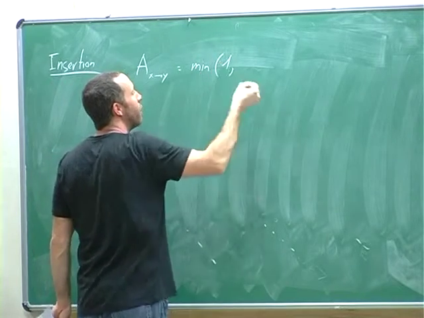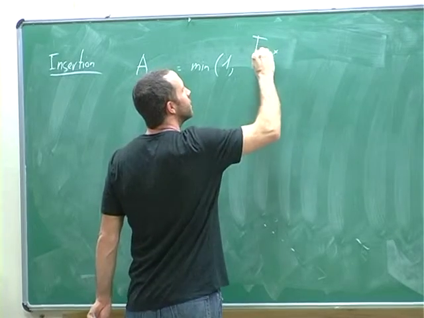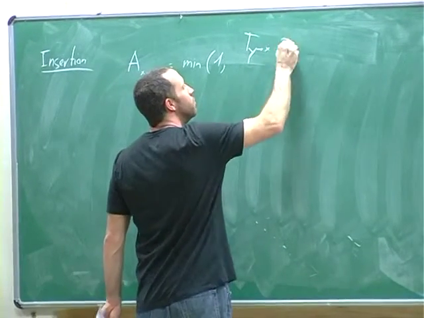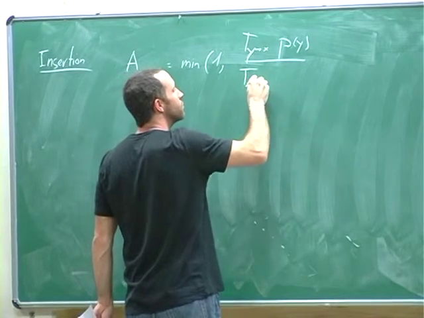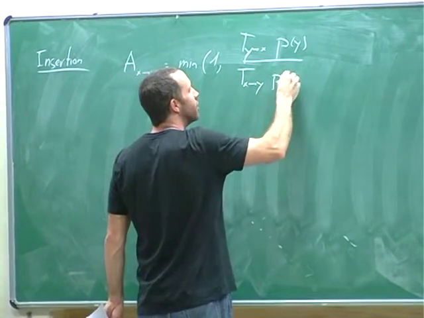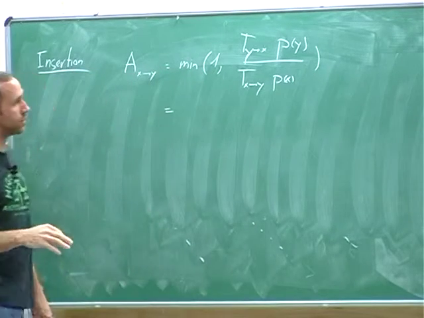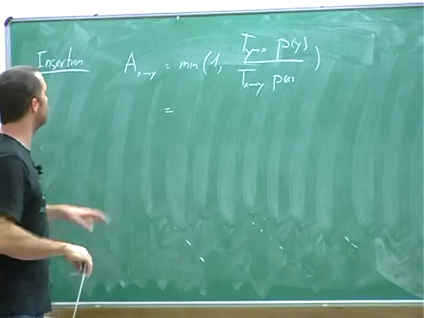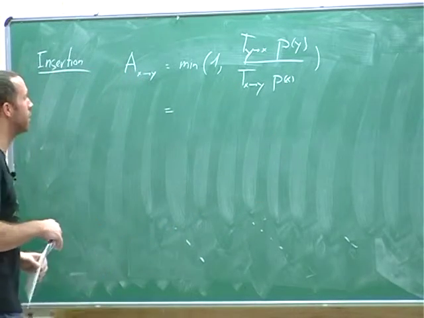This is the minimum of 1 and p of y times t of y goes to x, divided by p of x times t of x goes to y. That's what you need to compute at every step to decide whether you accept the move or not.